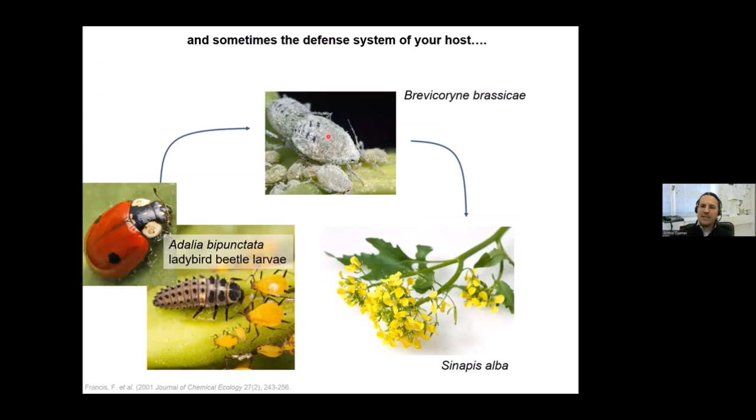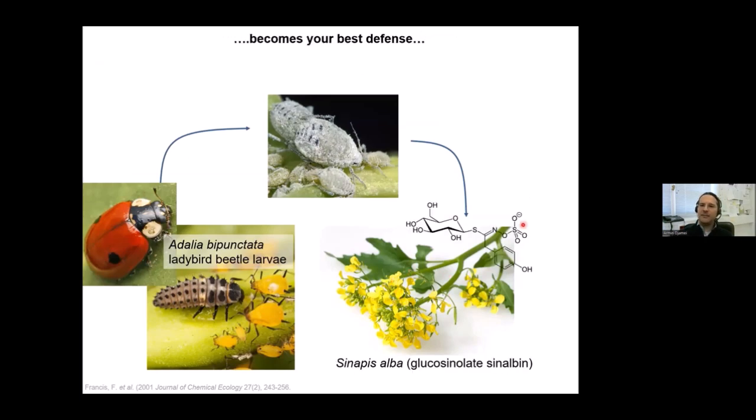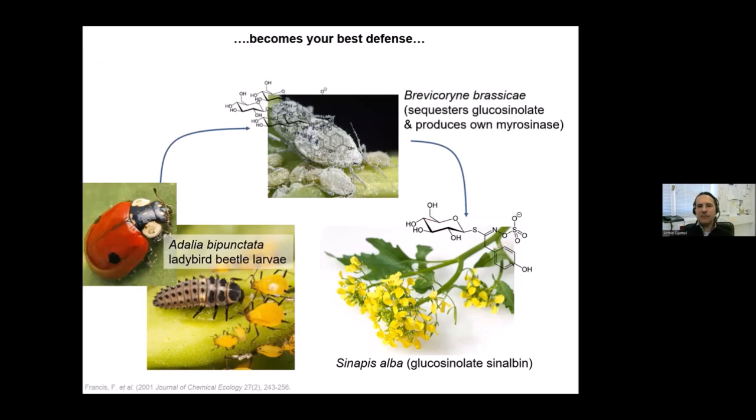But when the aphid is eating the Brassicaceae, it accumulates the glucosinolates within its own body in a specific compartment. At the same time, while sequestering the glucosinolates coming from the plant, it produces its own myrosinase. This is the trigger to make them explode, if you want. And this leads to the death of the ladybird beetle if they start eating the aphids.